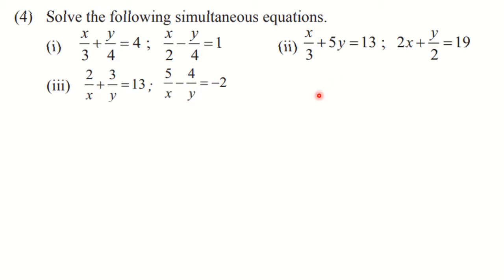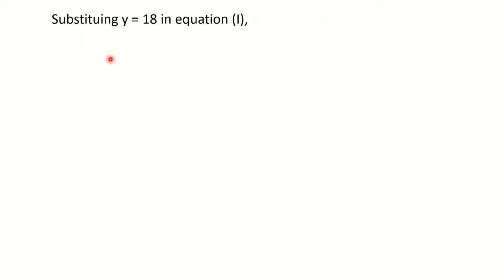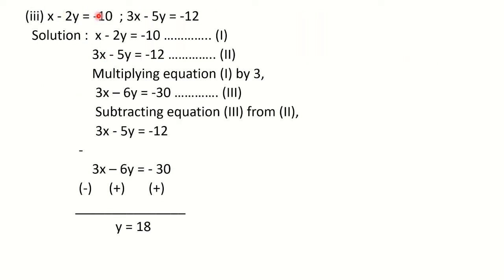In the previous two questions, question number 2 and question number 3, we have seen that there were whole numbers, such fractions were not present. These are the simple equations. Here fractions are not present. One more sum, the fourth, is there which you can solve by yourself, and as I have told, question number 5 and 6 are omitted.